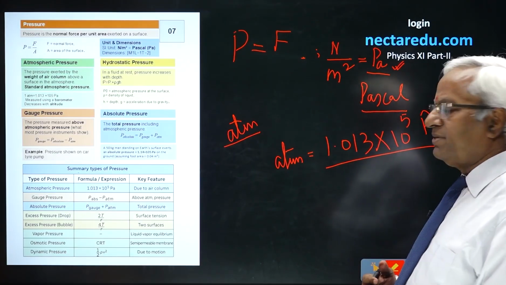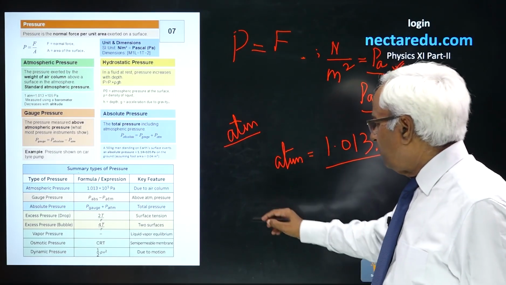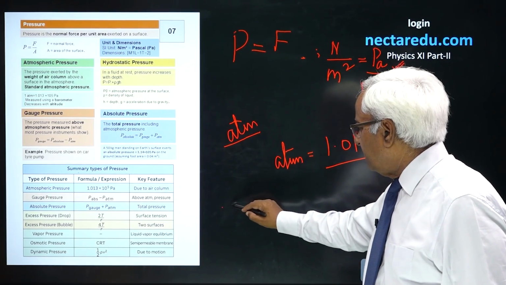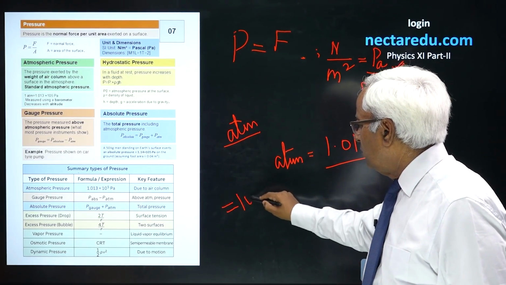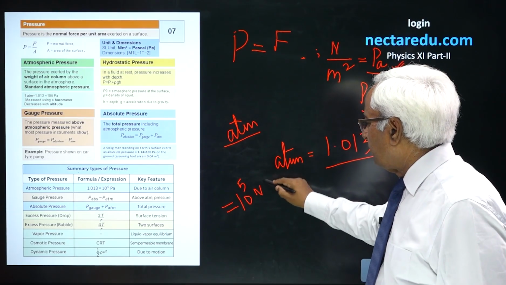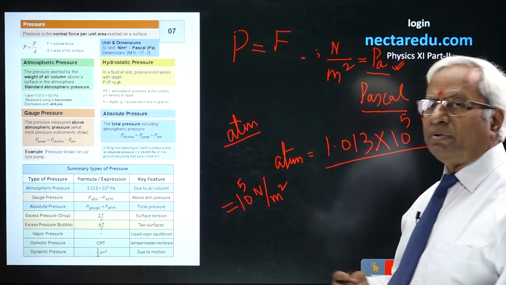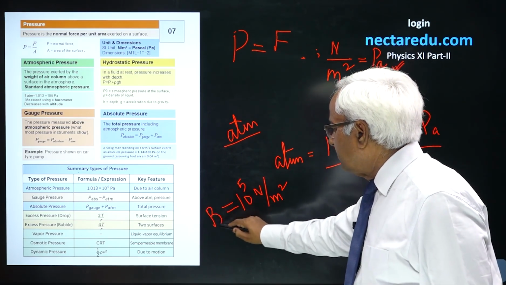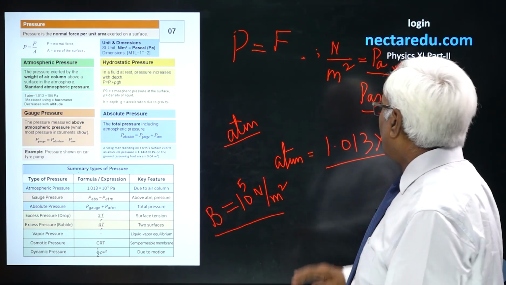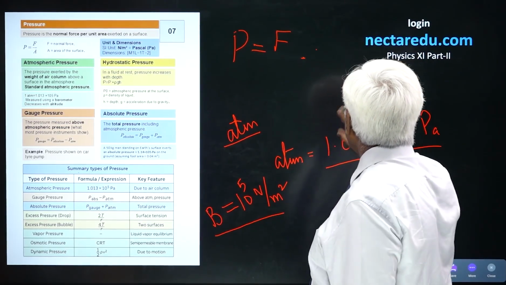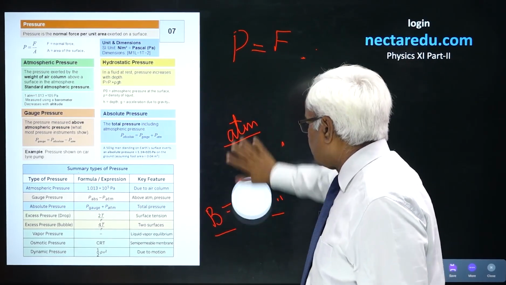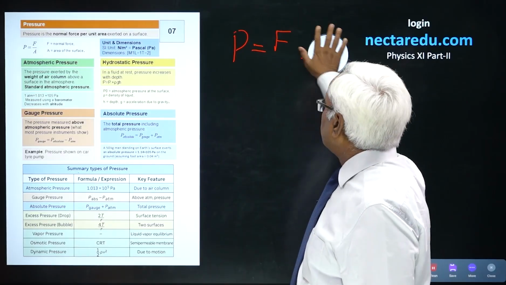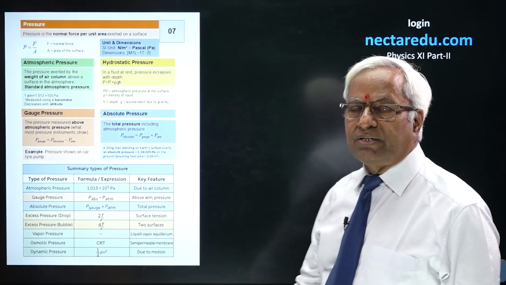Remember, it becomes a bit inconvenient. So from that point of view, we have designed another unit also, that is simply 10 to the power 5 Newton per meter square, or you might say Pascal. This is known as bar. Now, this is atmospheric pressure. Suppose some person is standing on the ground, obviously he will have his weight.